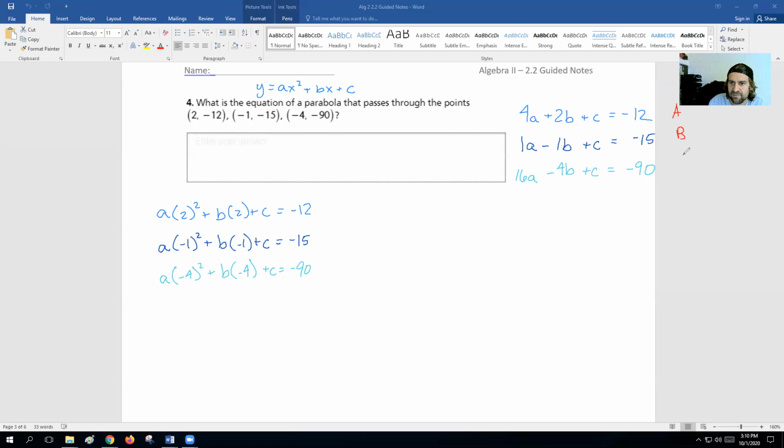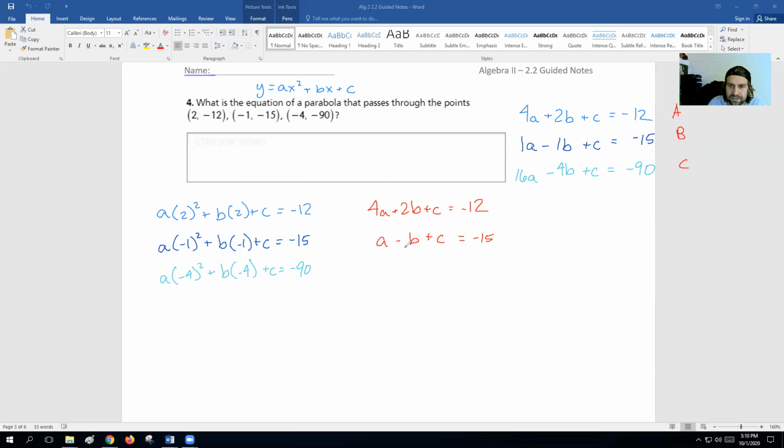Remember, we used to call them A, B, and C. It's going to be kind of tough now since we're solving for little a, b, and c, but we can still do this. We've got to find rows we can add together to get an opposite pair. Let's look: what would be an easy set of opposites? Why don't I do A and B together? 4a plus 2b plus c equals -12, and 1a minus 1b plus c equals -15.